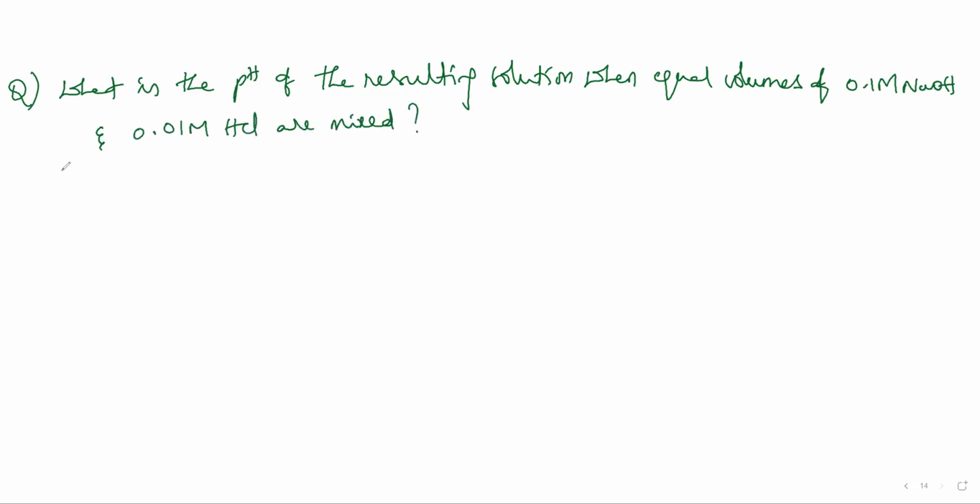Okay, options given are A) 2.0, B) 7.0, C) 1.04, D) 12.65. So what is the pH of the resulting solution when equal volumes of 0.1 molar NaOH and 0.01 molar HCl are mixed? So this is the question.